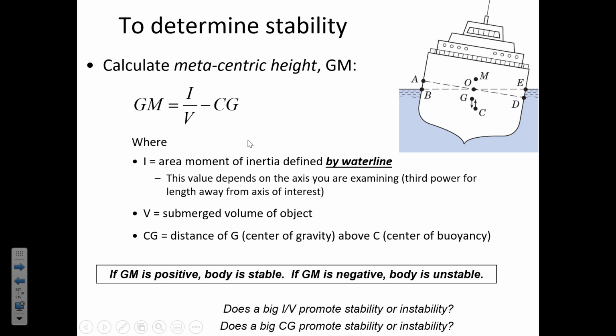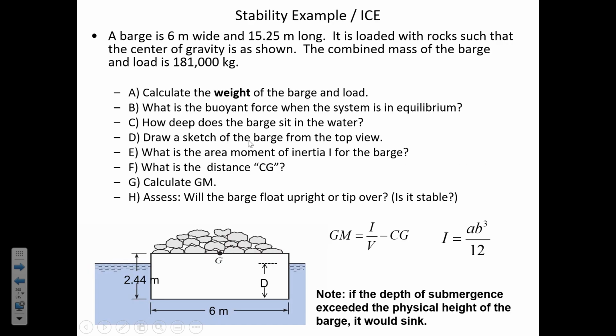Okay, so to practice these ideas, I've got an example conceived for you of a barge that is 6 meters wide, 15.25 meters long. So we're looking at a front cross-sectional view of it. So that's the distance into the page. And it's loaded with rocks.